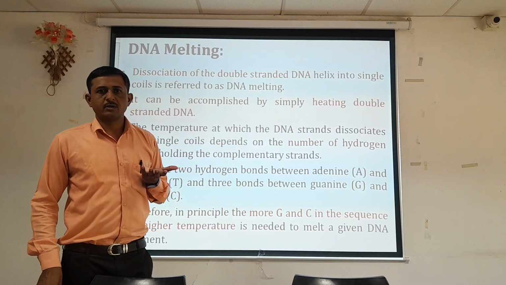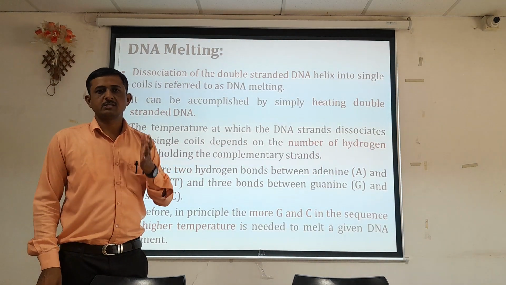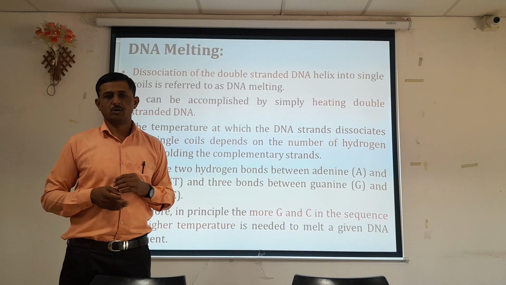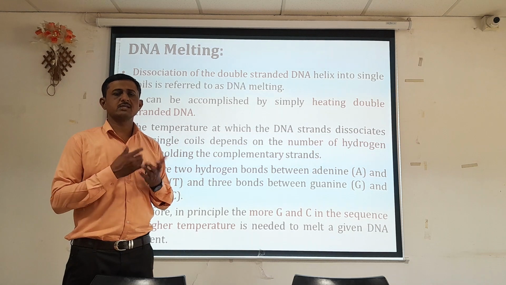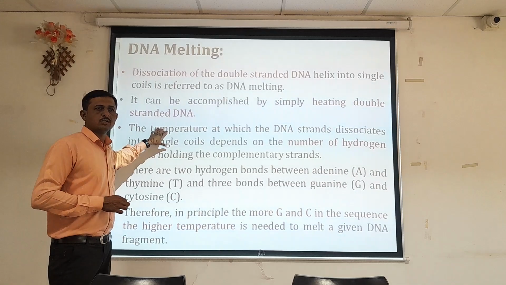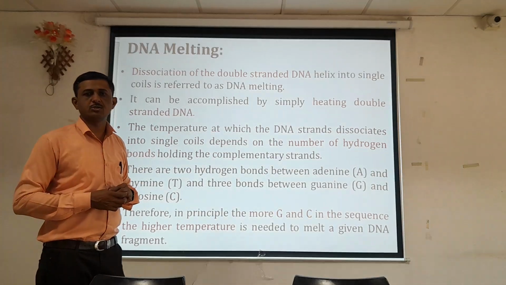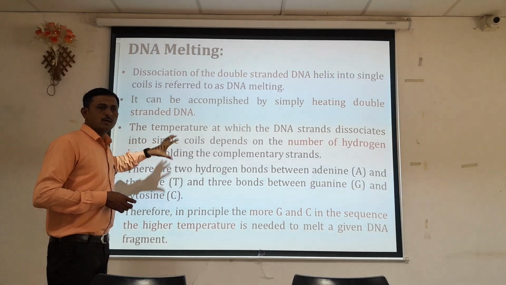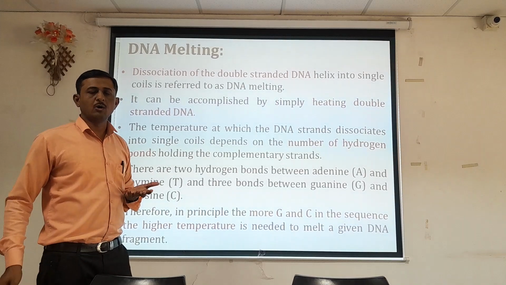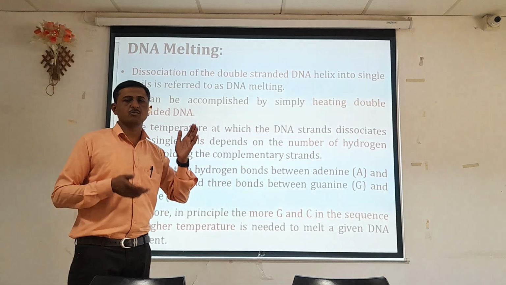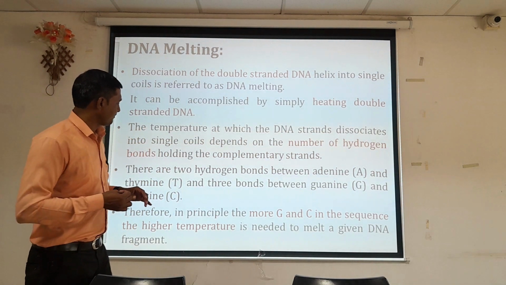As the melting temperature is higher, the bond formation between nitrogenous bases is greater. If the number of hydrogen bonds is more, the temperature for dissociation of the double strand into single strands is more. So the number of hydrogen bonds is directly proportional: the more the hydrogen bonds, the higher the melting temperature.